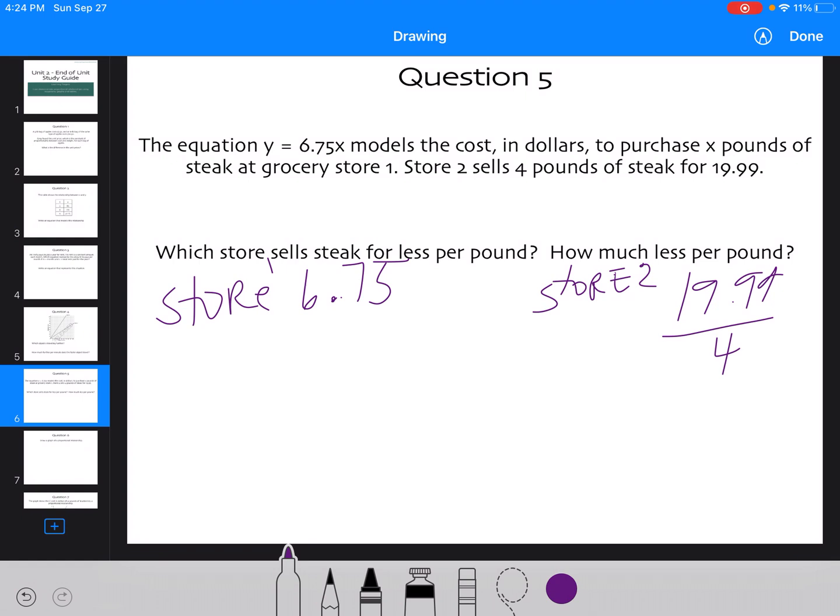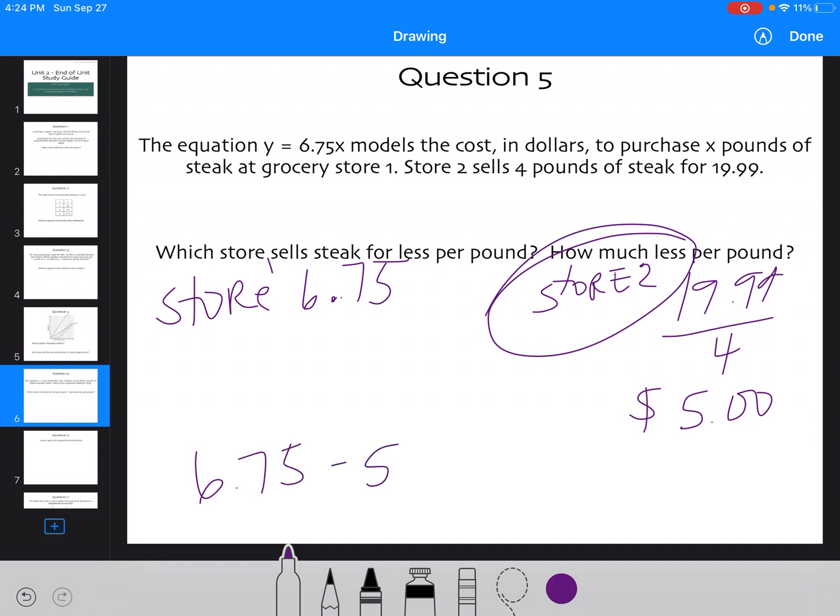I get $5. So who sells it for less? Store 2. So $6.75 minus $5. I get $1.75.